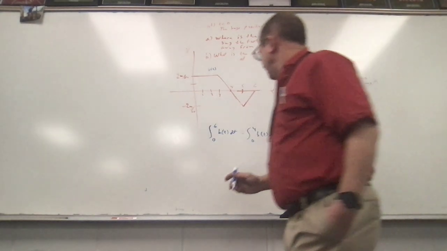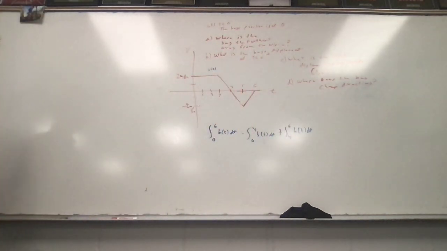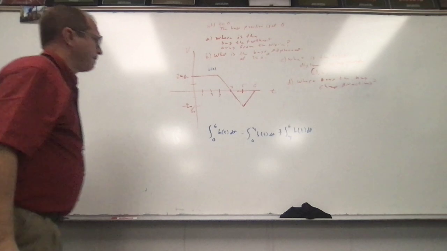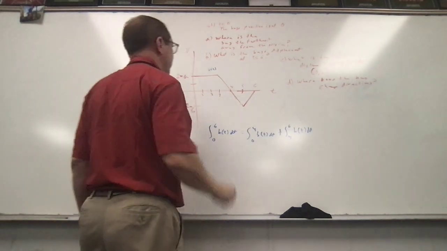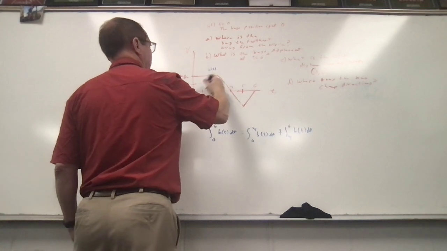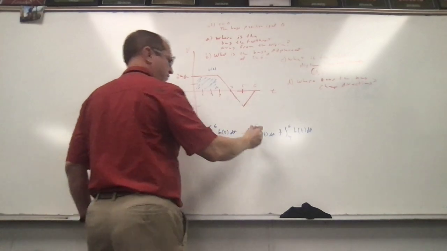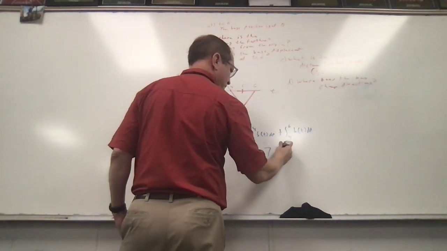So what is the area from 0 to 4 of b of t dt? 7, okay. So this portion right here, just the rectangular portion, is going to have an area of 6, and then that's going to have an area of 1, so we get 7 here.